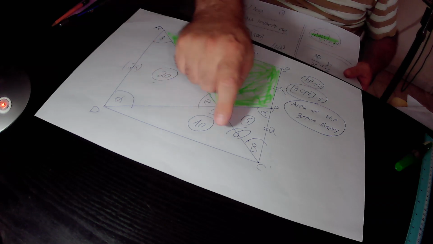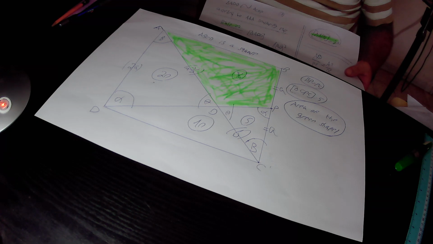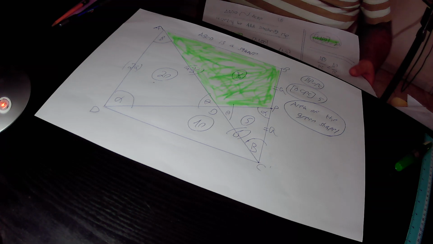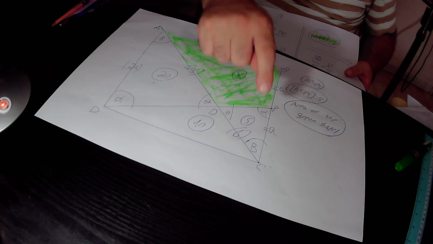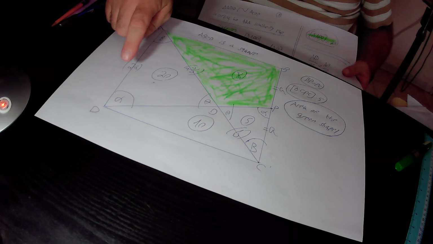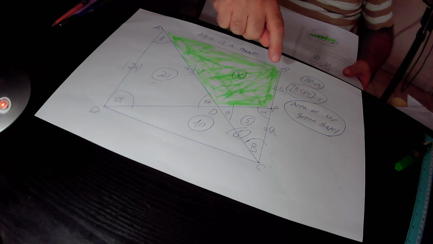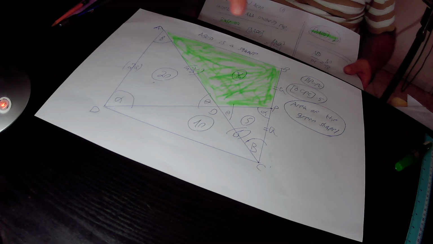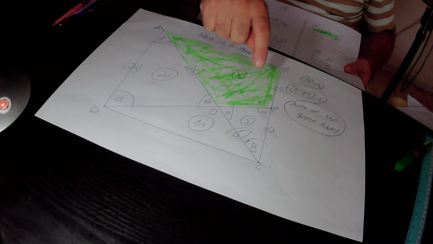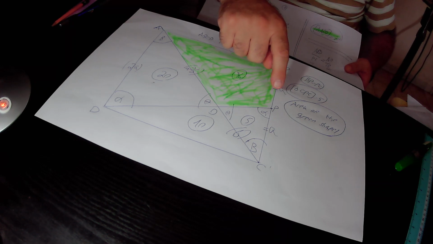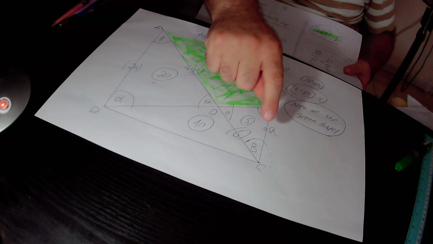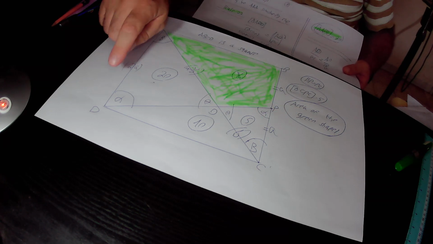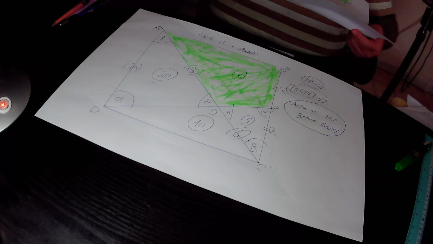Here, side AD is the corresponding side of side PC, and therefore it is AD over PC squared.